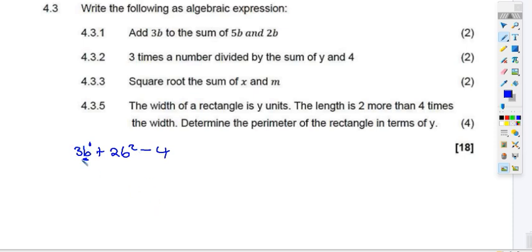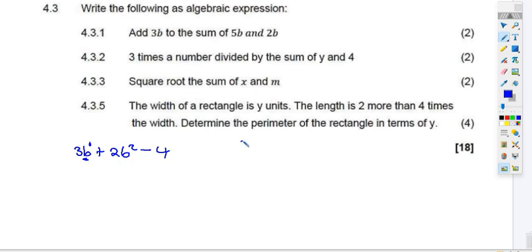So we are saying this is a term on its own, this is a term on its own, and this is a term on its own. So we have a total of 3 terms in this algebraic expression. Remember, terms can only be separated by addition or subtraction.